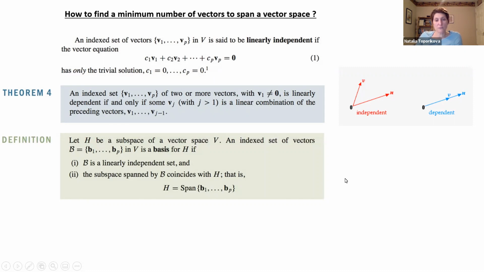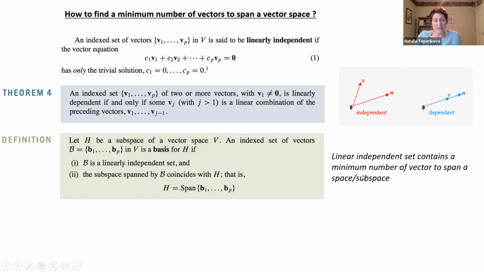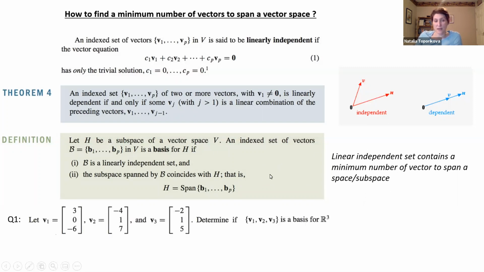And that set we call a basis for the vector space. It is necessarily a set of linearly independent vectors, and this set will be essential and enough to span a given space.